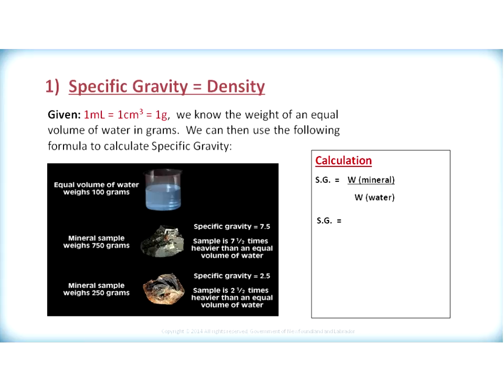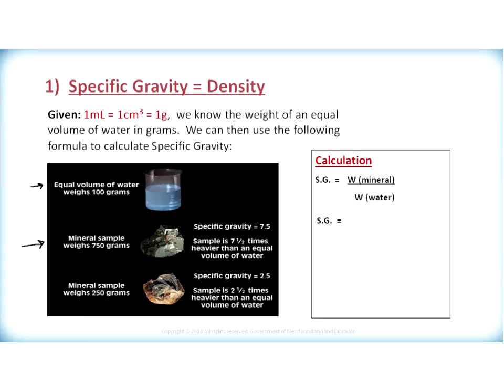If, for example, we take the first example here, we know the weight of a mineral sample is 750 grams. So the mass of the mineral is 750 grams. If we take each of these two samples and displace it in a graduated cylinder of water, it was noted that the equal volume of water will be 100 milliliters.